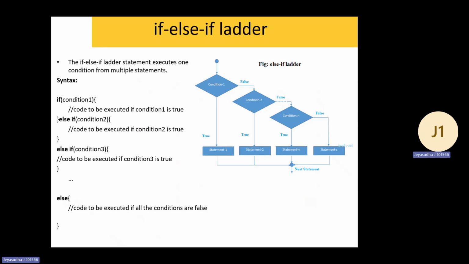But in the false case also, I want to check some condition. I want to check whether he belongs to a certain category or doesn't belong to a certain category. So I want to keep on checking, so I want to use another if else again.